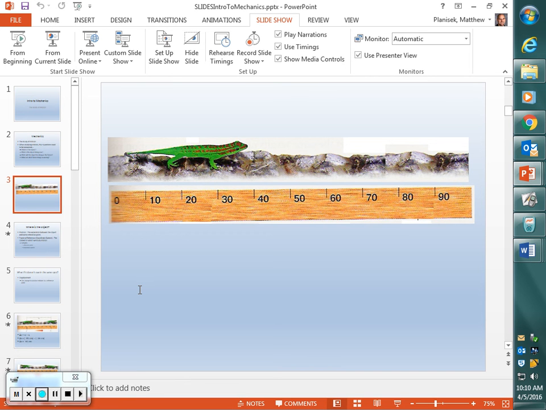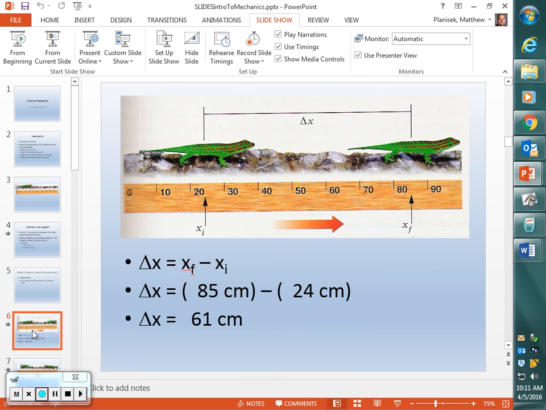In order to determine the displacement, what do you need to know? Where it starts and where it ends. That's how we determine the displacement.